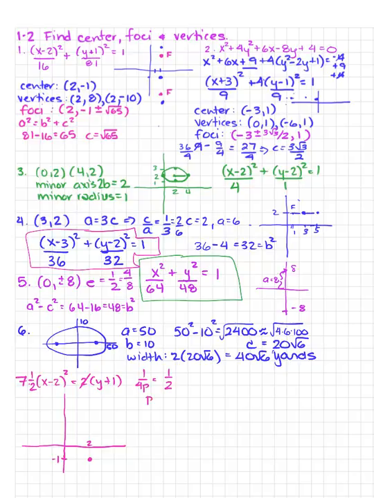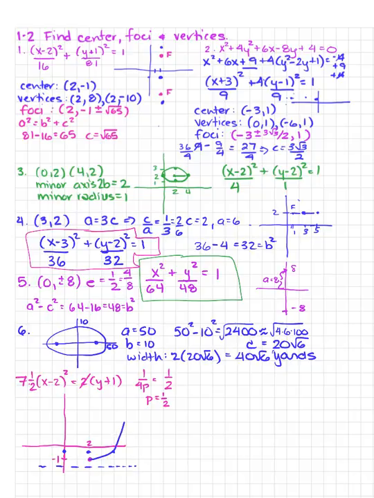So that means my p value, when I solve that, is going to be 2/4 or 1/2. So that tells me that my focus will be up 1/2 here. My directrix is going to be half below. And the distance is going to be a distance of 2 in this direction, 2 in this direction.